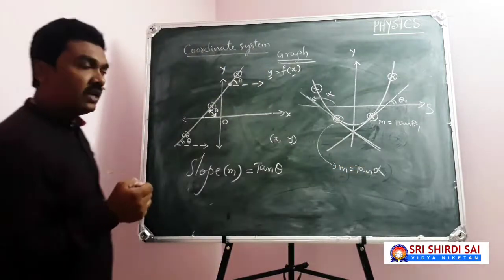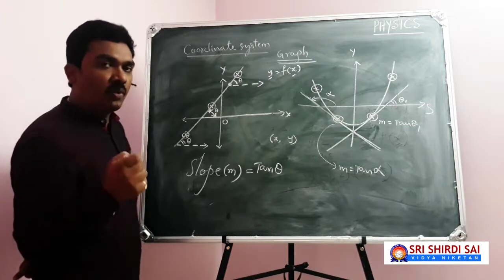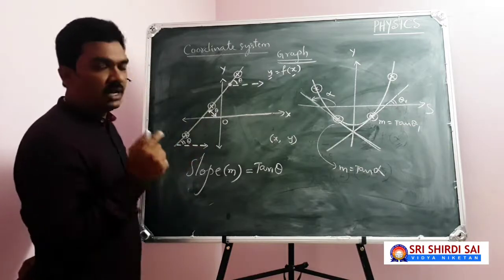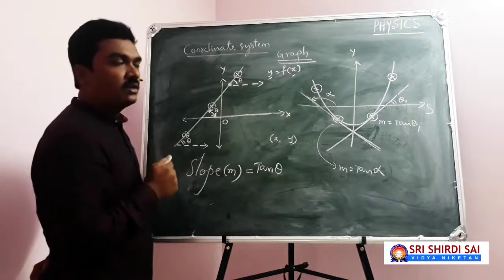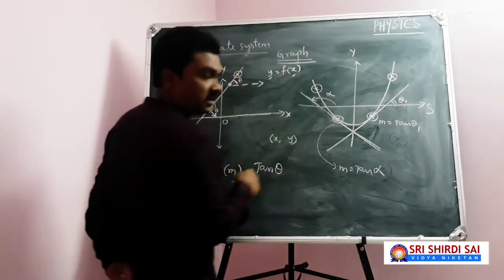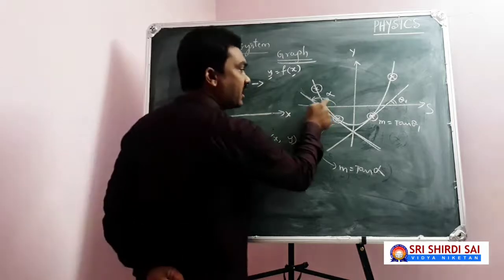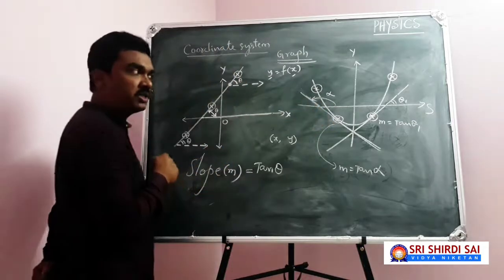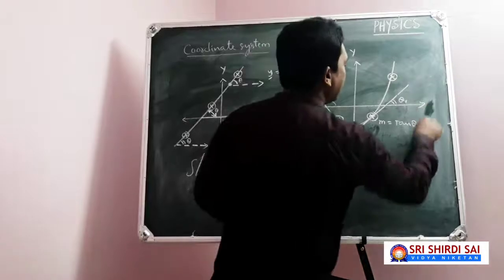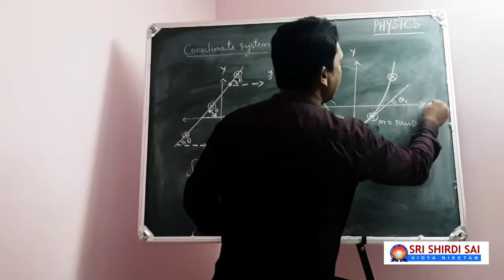So when you wish to calculate the slope of the graph at a particular point and your graph is a curve, then draw the tangent line to the curve at that particular point and measure the angle made by the tangent with the direction of positive x-axis. This is positive x-axis.